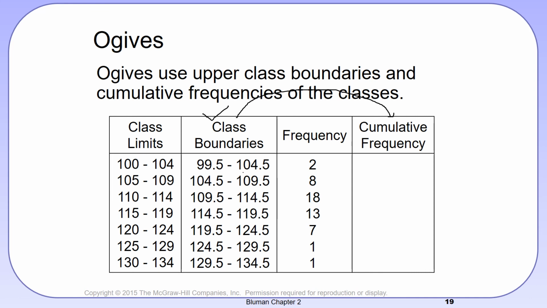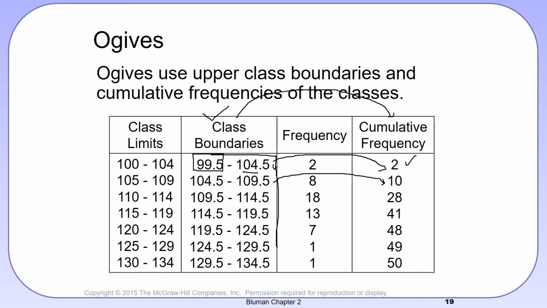We will start from 99.5, and these are the cumulative frequencies. For 99.5, the cumulative frequency will be 0, so we will start from here. For 104.5, the cumulative frequency will become 2. For 109.5, the cumulative frequency will become 10. So let's draw these on the horizontal line.